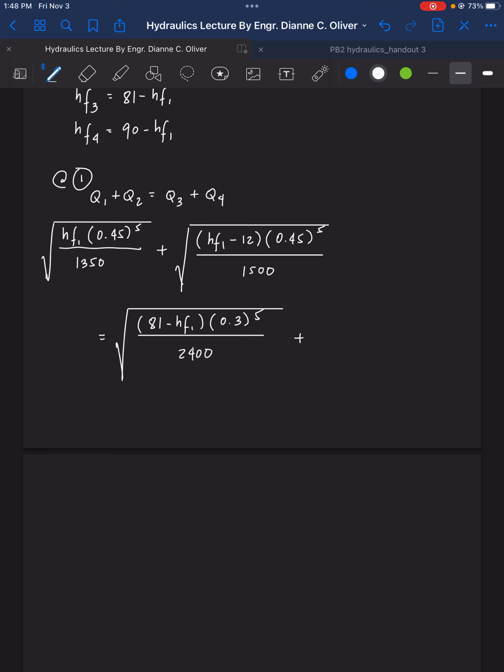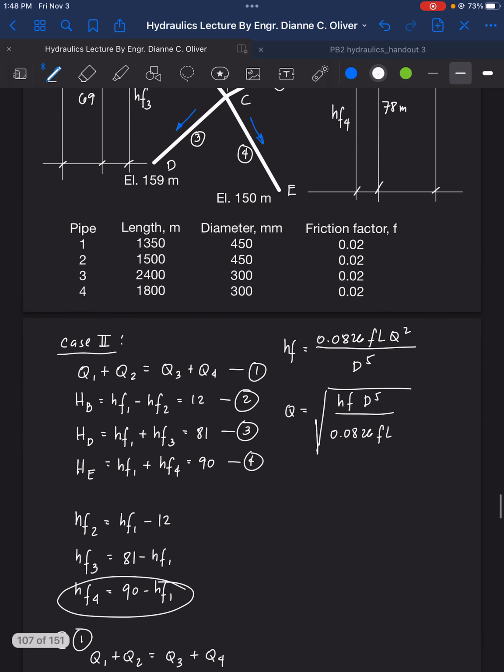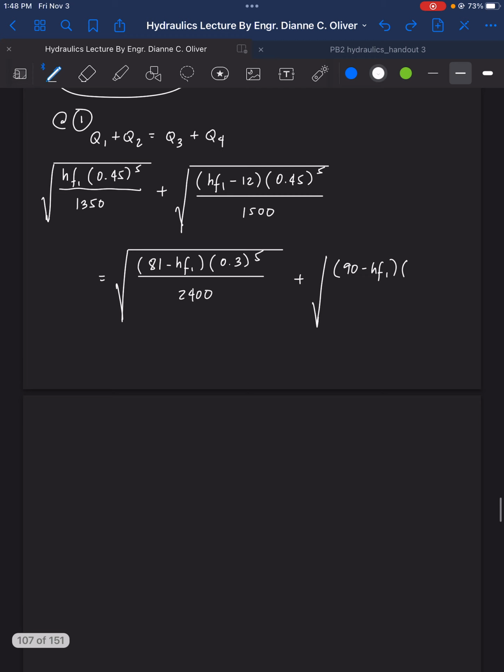Then plus Q4. Q4 is the square root of HF4, which is 90 minus HF1. The diameter and length for pipe 4 is 300 and 1,800. So 0.3 raised to 5 all over 1,800.